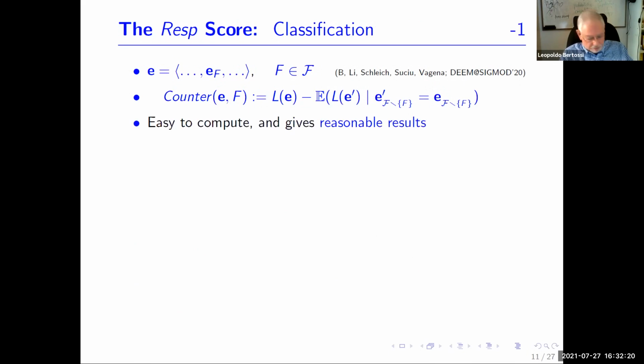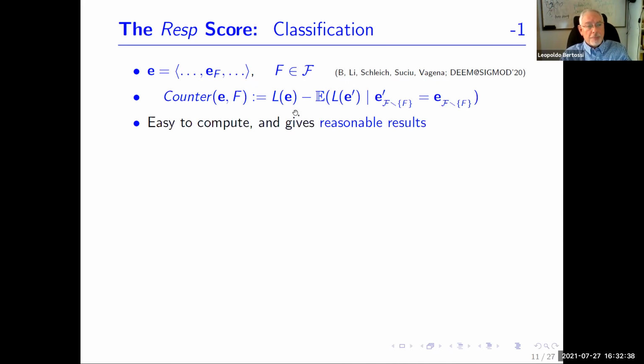Let me see how much time I have. Okay, I'm going to say very little about this. Let me give you the gist of the responsibility score. We have this work that we did with Dan Suciu, Hula Agina, and Max Schleich. What is the idea here?